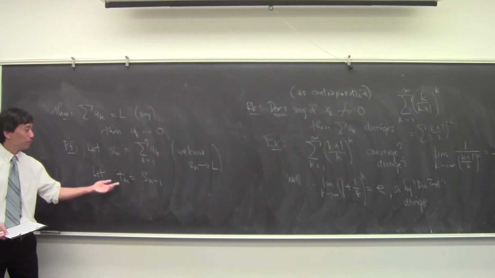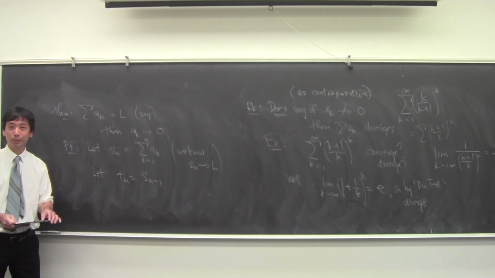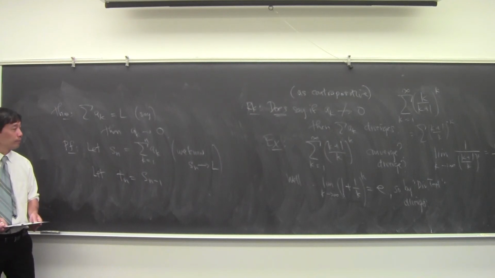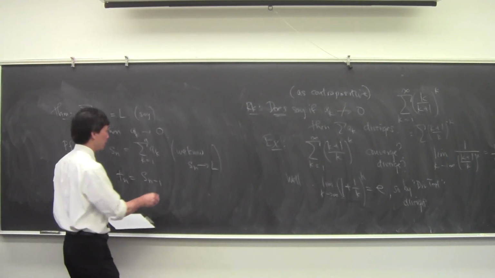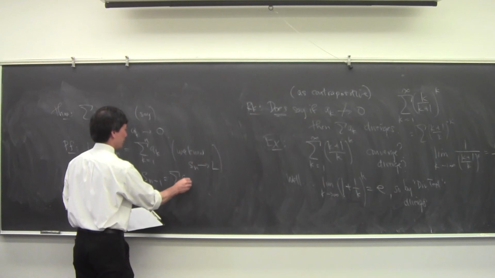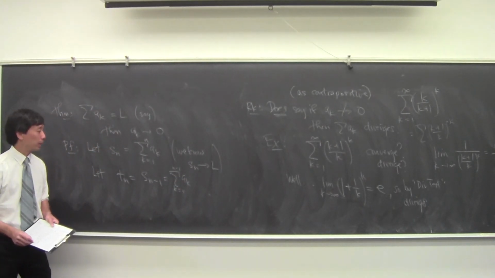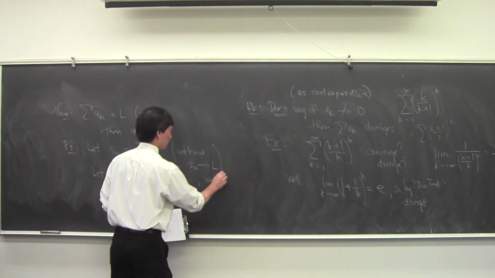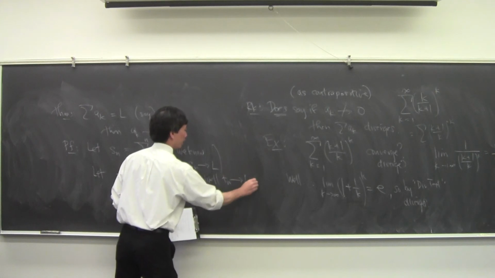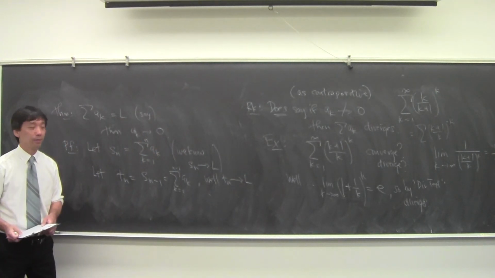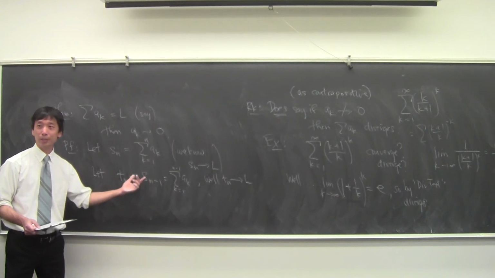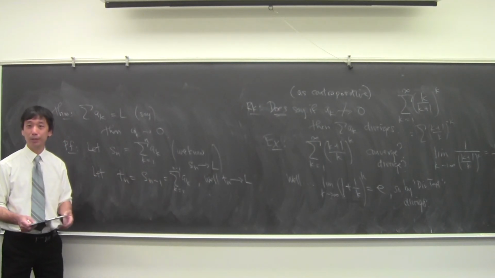So it's like a delayed sequence of partial sums. It's going to be the sum of the a sub k's from k equals 1 to n minus 1. Well, T sub n is also going to go to L, because it's just delayed by one, and as you go to infinity, it's going to go to the same number.